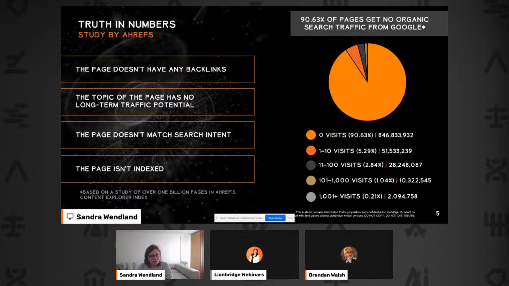One of the reasons listed is that you need to match your search intent with the audience you try to target, and you need to figure out what the data is saying. I showed this chart yesterday to Brendan, and he had a very different way of looking at it.